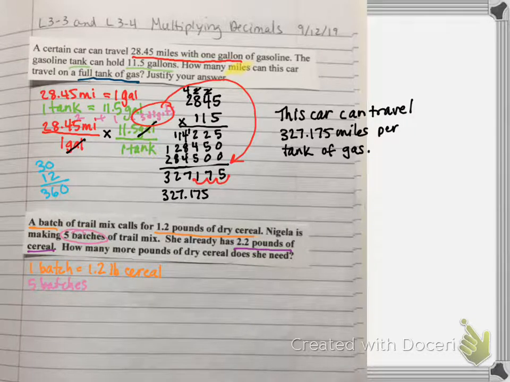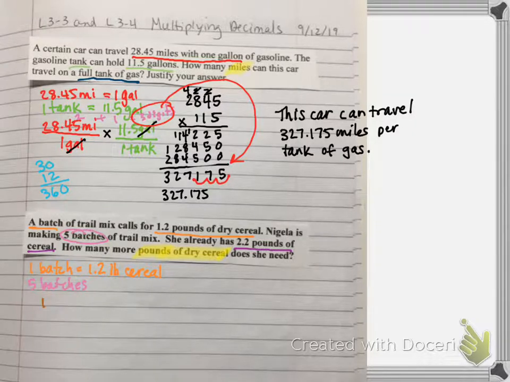So let's see, how are we going to do this? We want to figure out how much cereal she needs altogether. So we need to get the pounds of cereal to be on top, because right here it says how many more pounds of dry cereal. So that's got to go on the top. Okay, so this orangey guy, I'm going to go a little darker.